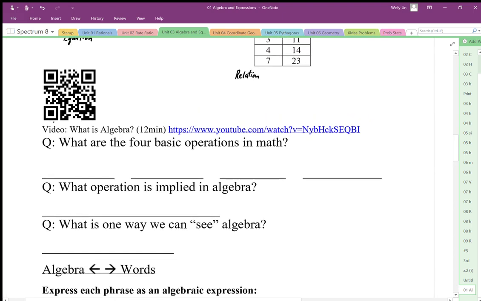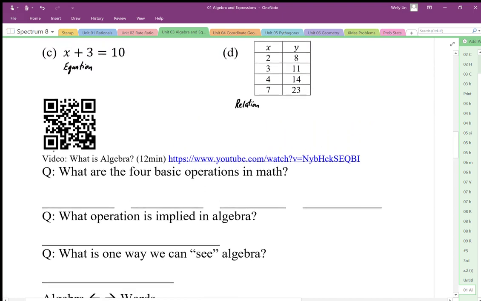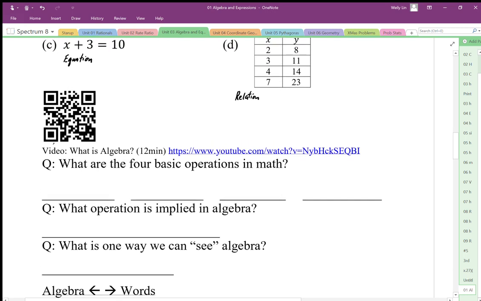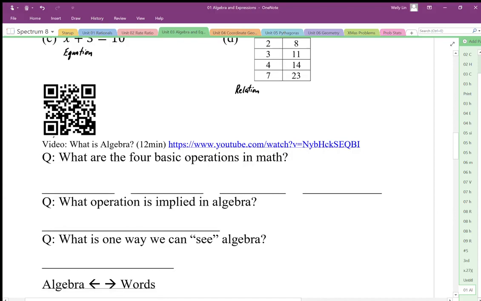So at this point, you're going to stop the video and go to the YouTube video link for What is Algebra. I think it's a Math Antics video, and there are 3 questions that you need to be able to answer from the video. Once you've answered those 3 questions, you can come back and we'll continue with the rest of the notes.